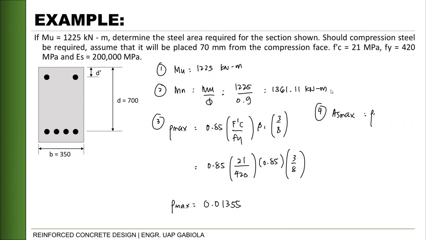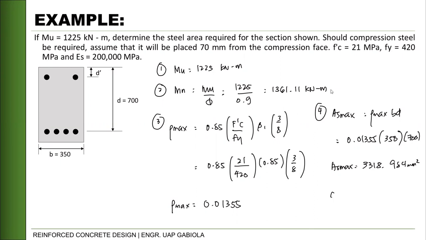Number 4 is for our AS max, which is just rho max times BD: 0.01355 times 350 times 700. So AS max is 3318.984 mm squared.